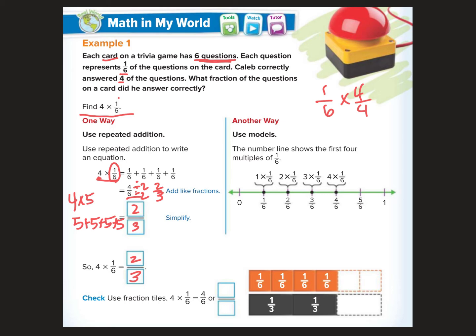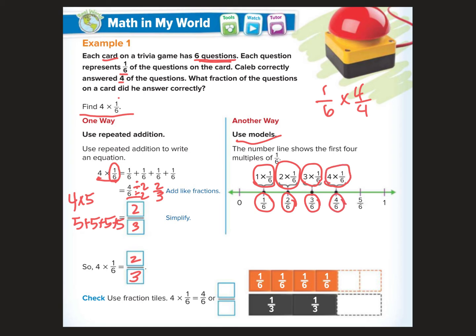Okay, so another way is we could use models. Now, using models is great, but doing math is much better, right? So it says the number line shows the first 4 multiples of 1/6. So 1 times 1/6 is 1/6. 2 times 1/6 is 2/6. 3 times 1/6 is 3/6. 4 times 1/6 is 4/6.